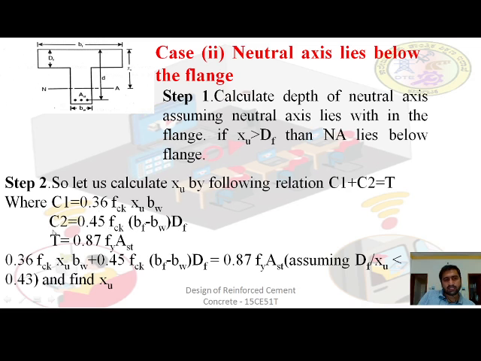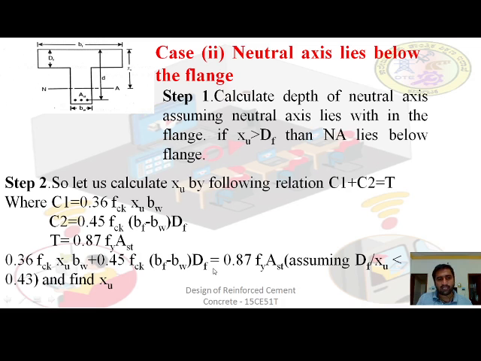By using this equation we calculate the compressive force in the remaining part of the flange section. T is the tensile force, calculated as 0.87 times Fy into AST. We are going to substitute this in the equation and solve for the XU.